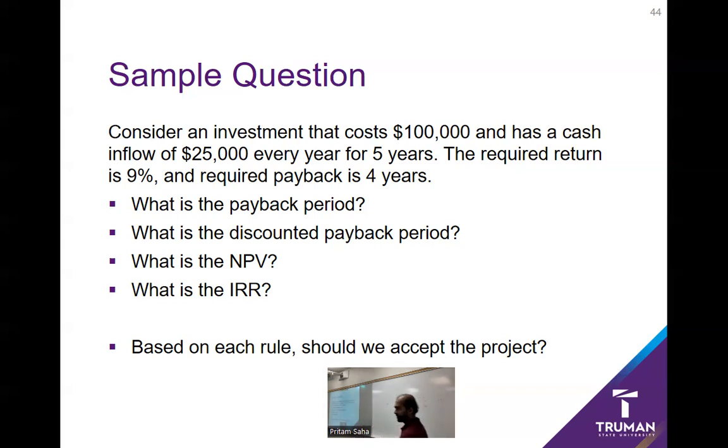So at the end of year 4, in terms of raw numbers, our investment is back. Accept or reject? Accept, because that was the requirement. Payback 4 years. Feel free to raise your hand if you get a different number.